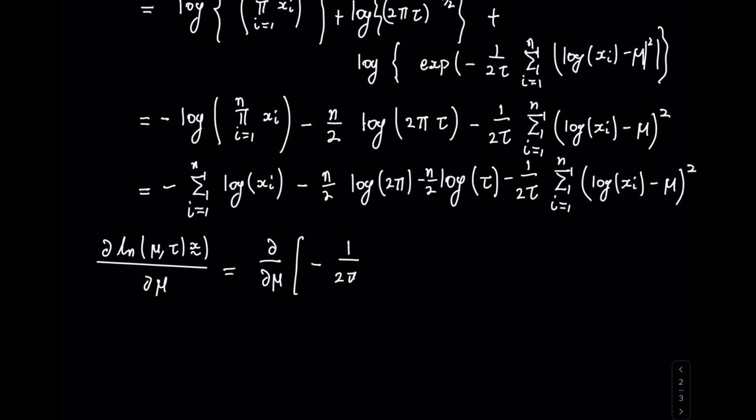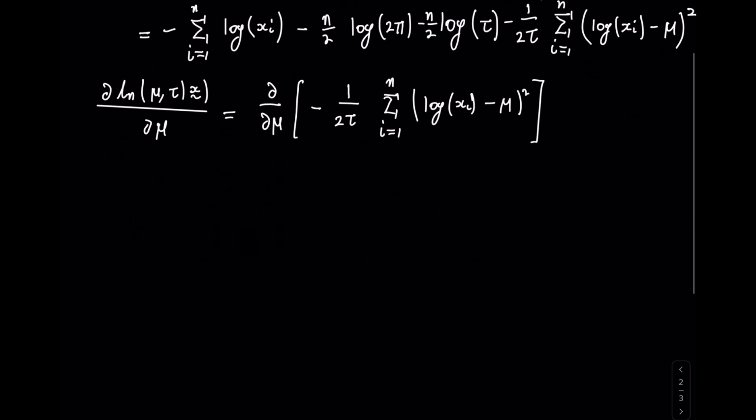We can just focus on the last term: negative 1 on 2 tau, sum i equals 1 to n of (log xi minus mu) all squared. Doing that gives the following result. We've still got our negative 1 on 2 tau at the front. I'm not going to change that.